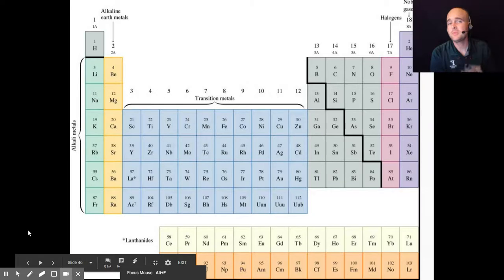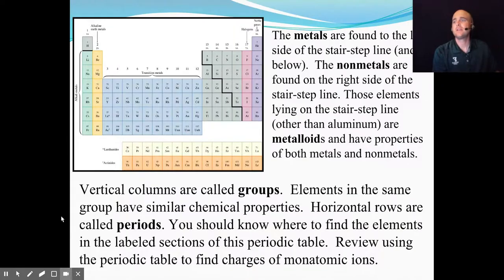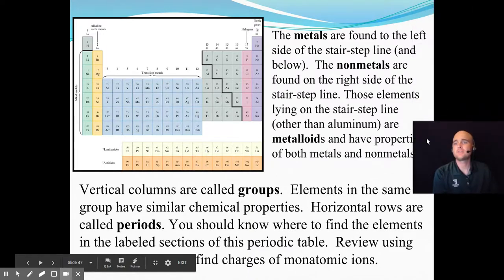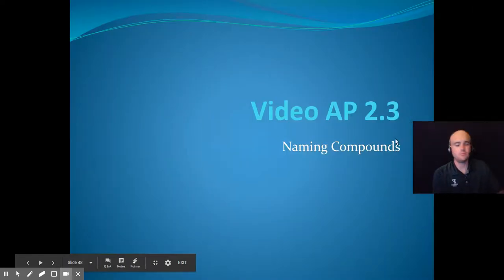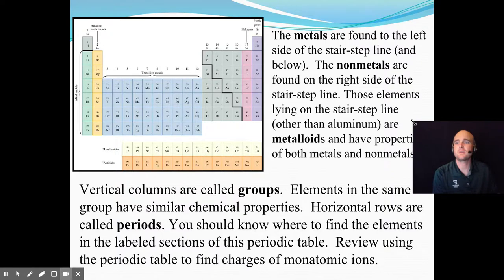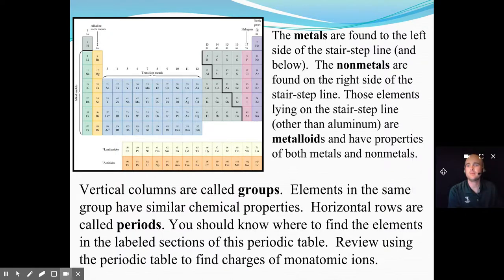We'll have to get familiar with the periodic table here. Remember that the metals are always found on the left side of the periodic table, and the nonmetals are on the right side. Anything that touches the staircase, except for aluminum, is going to be a metalloid.